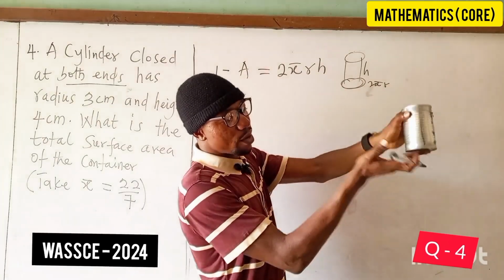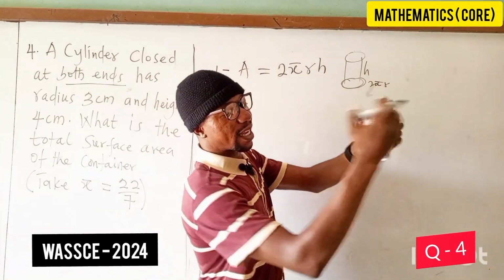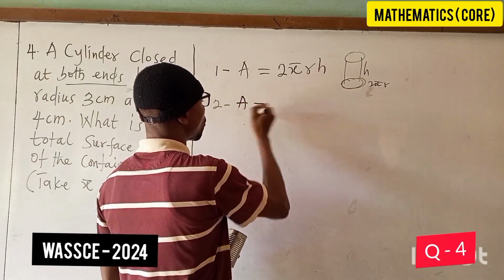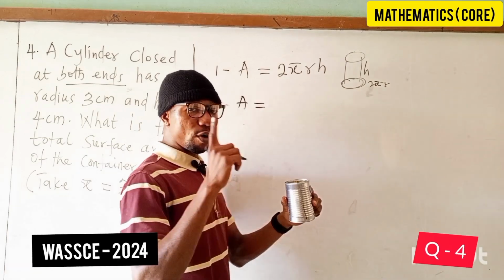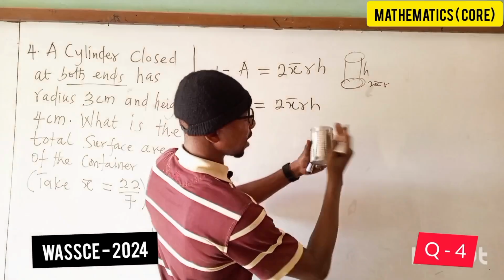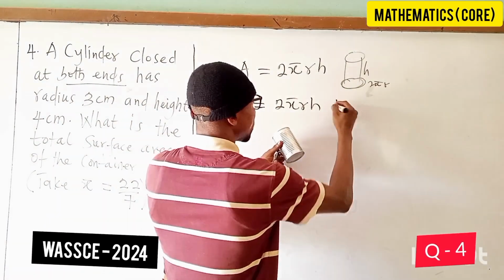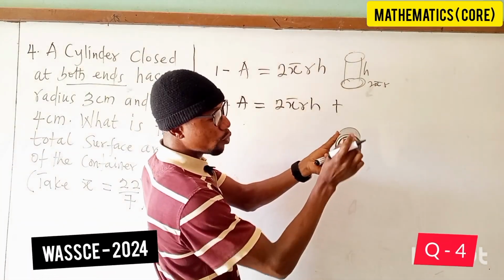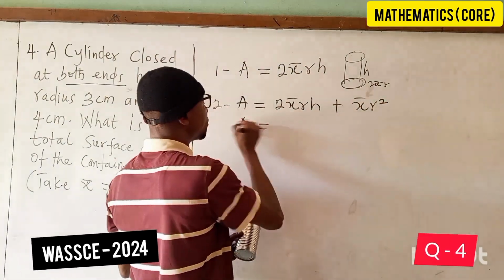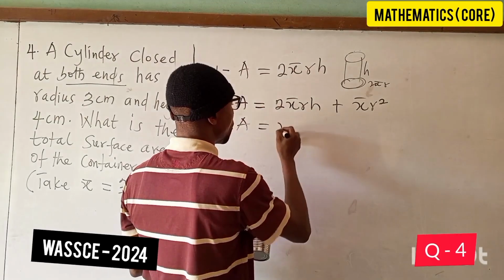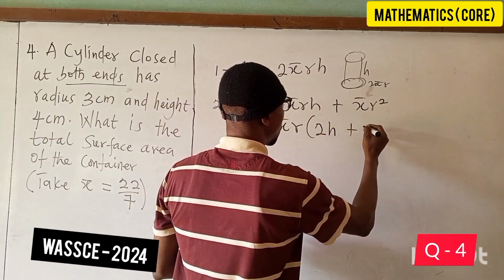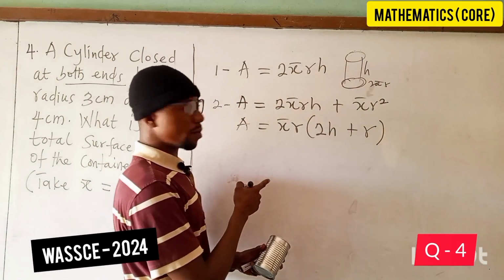So the total surface area is the curved surface area, plus the area of the bottom, which is a circle, pi r squared. By further simplification, we have pi r times 2h plus r as a simplified form of the formula.